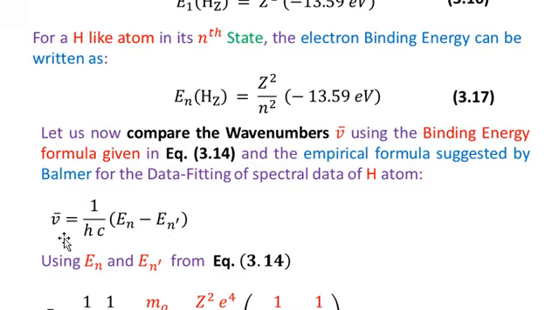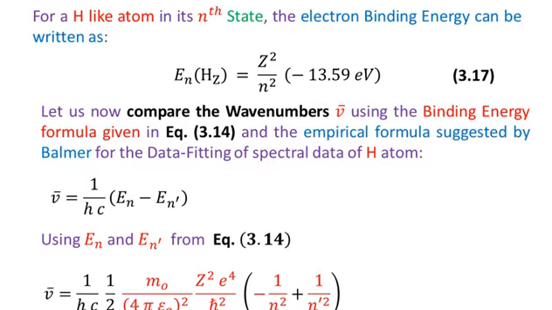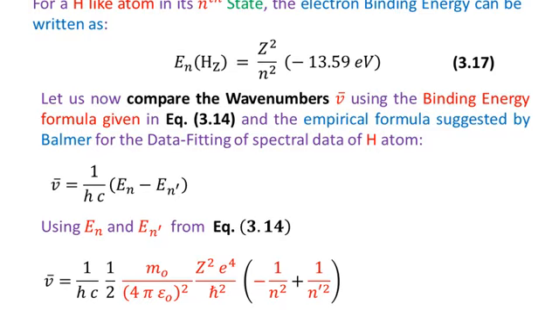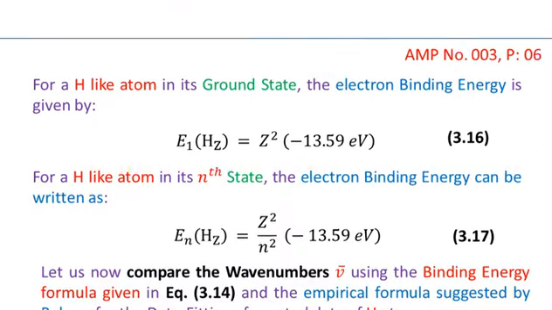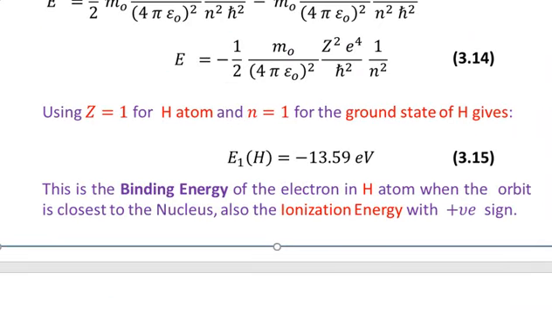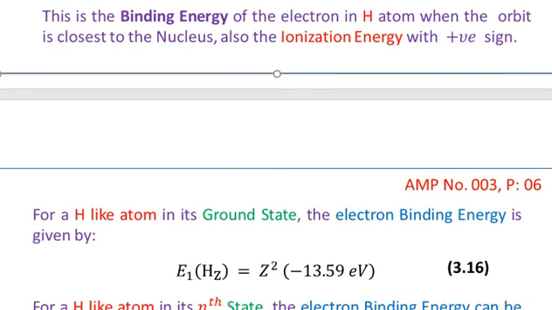So nu bar is equal to 1 over hc multiplied by En minus En prime, using the values of En from equation 3.14, since the energy depends on the value of n squared.